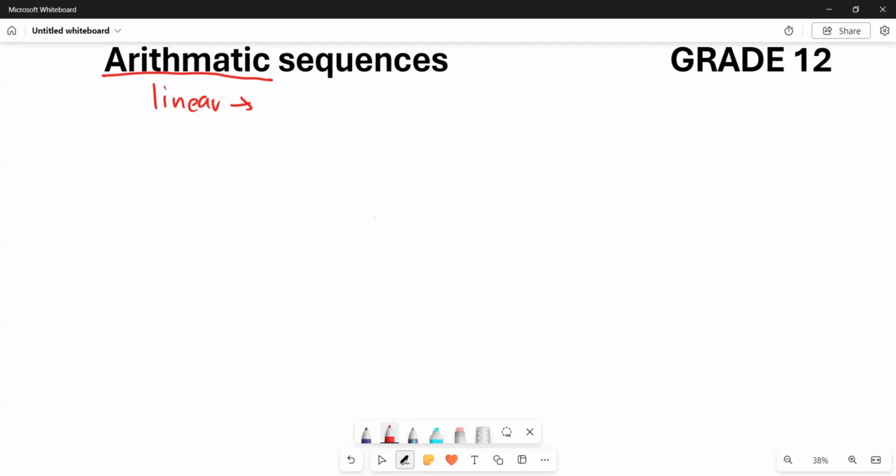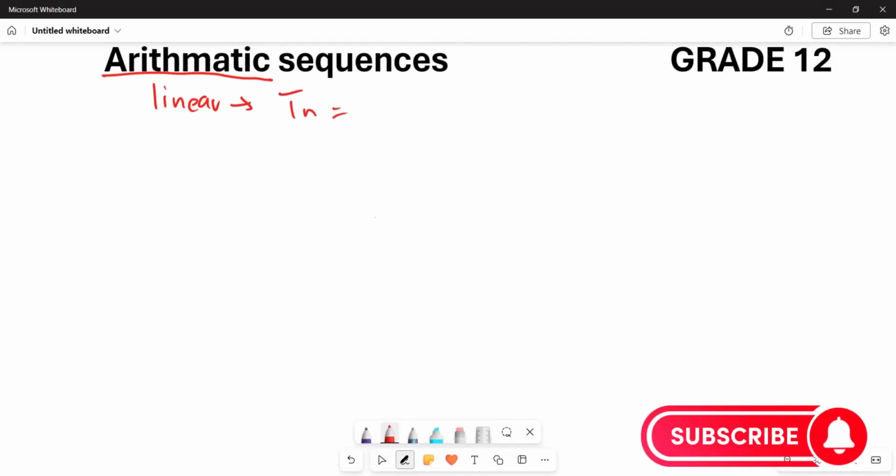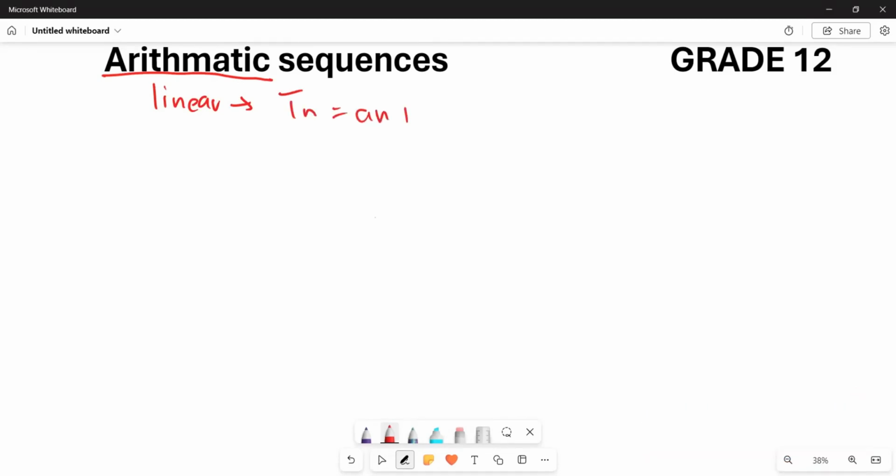Because you were familiarized with your linear pattern in grade 10, which was given by the formula Tn equals An plus B. So this was the formula which you were familiarized with in grade 10. But now, because we are in grade 12, we are going to move the bar a little bit higher.